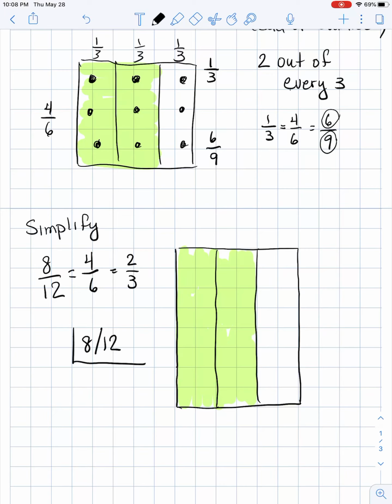So I know that they're both even, so they have a 2 in common. Well, 2 goes into 8 4 times, and 2 goes into 12 6 times. Oh, you know what? 4 and 6, they're both even too. So they have a 2 in common. And 2 goes into 4 2 times. 2 goes into 6 3 times.